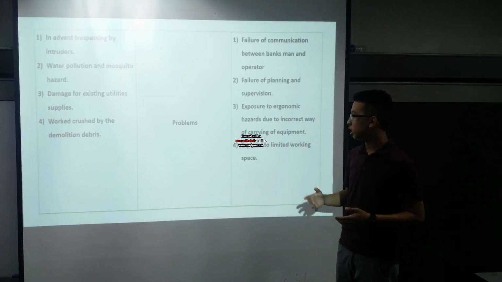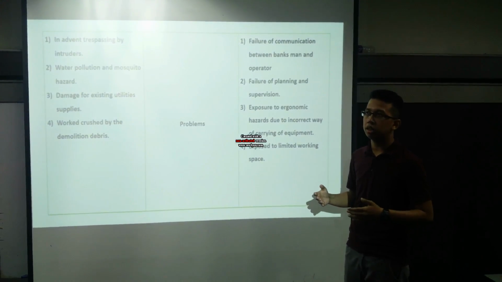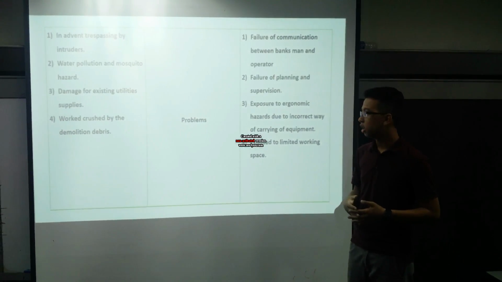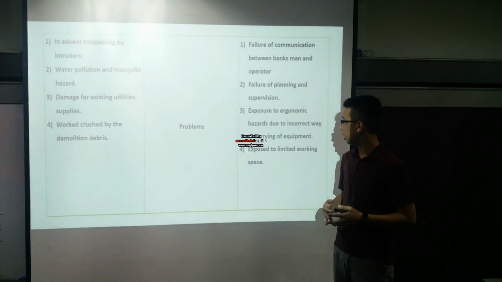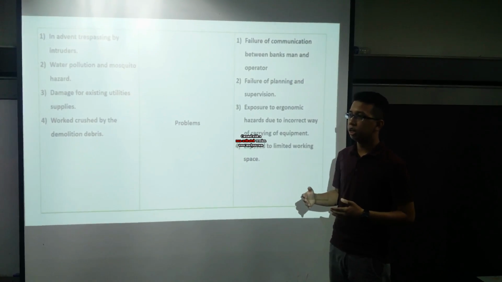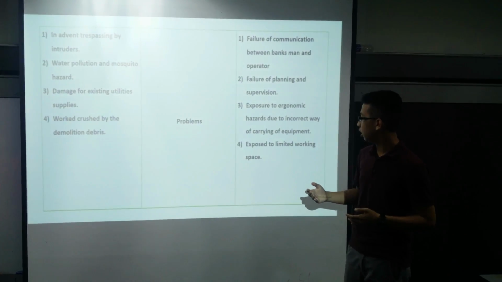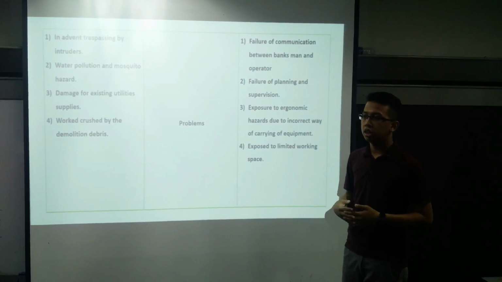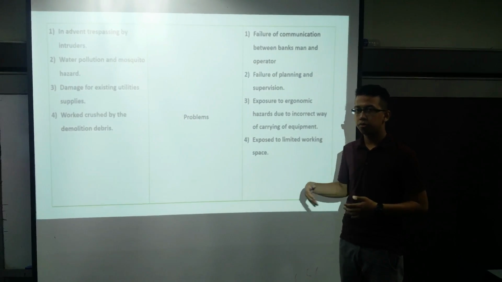Once again, this demolition is handled in a very congested area, so some problems happen, and because of the limited working space they need to be more careful of the surroundings.